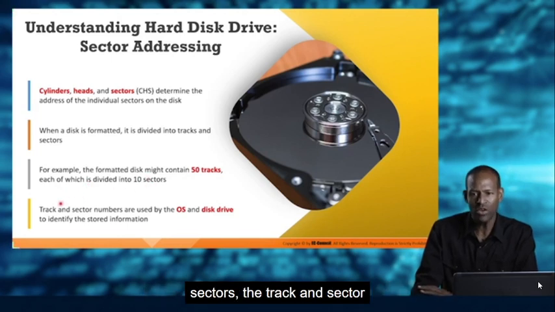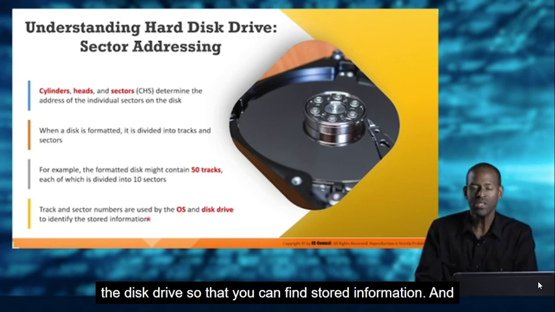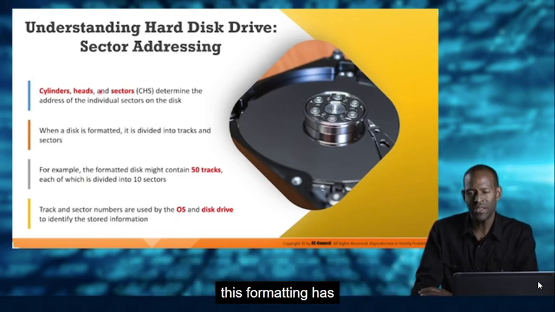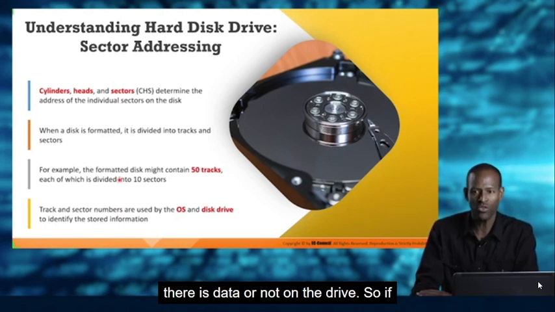The track and sector numbers are then used by the operating system and the disk drive so that you can find stored information. And what surprises some people is that this formatting has nothing to do with whether there is data or not on the drive.